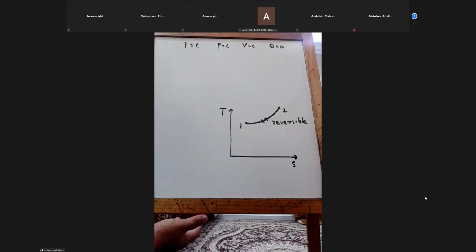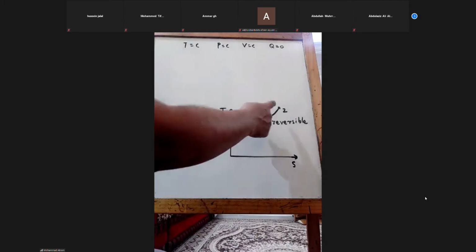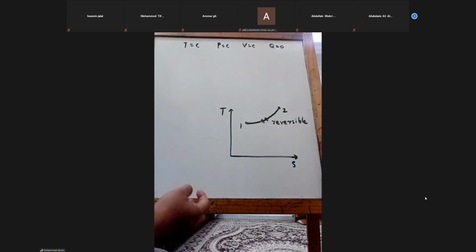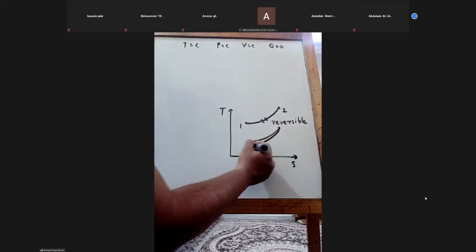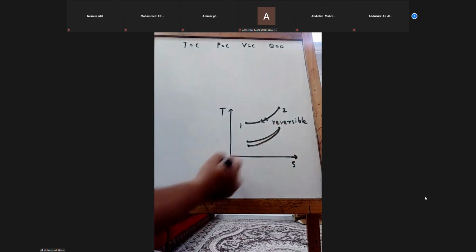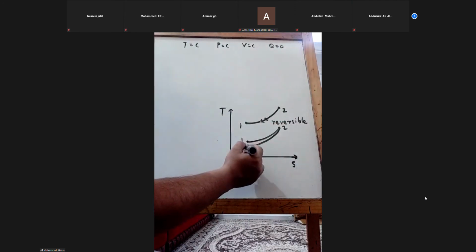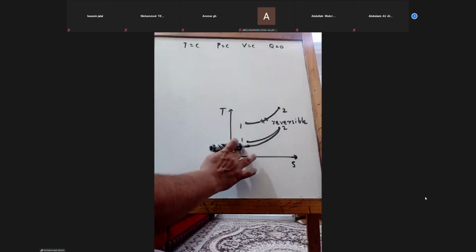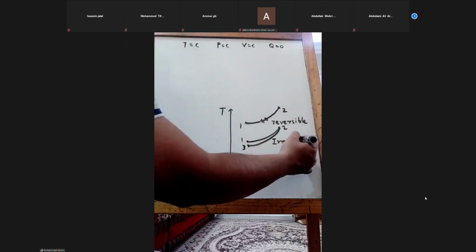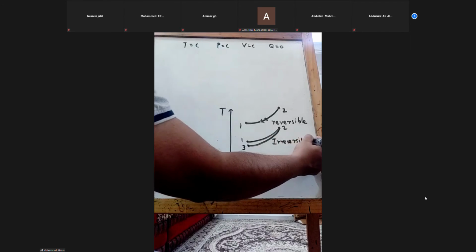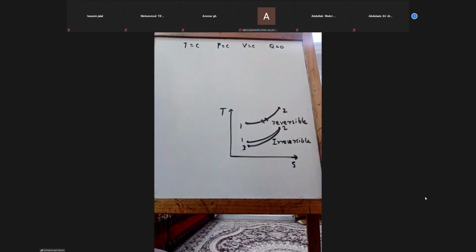Some processes, if they do not come back to the original position or not by the original path, we call irreversible. For example, if you are going from 1 to 2, but it does not come back, and goes to 3, then this is an irreversible process. Are you getting this, reversible and irreversible process?